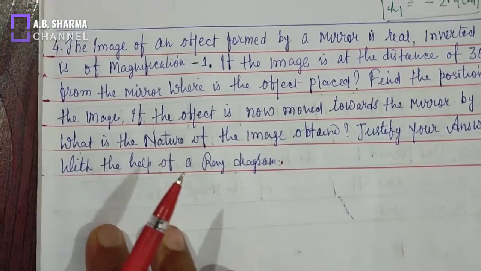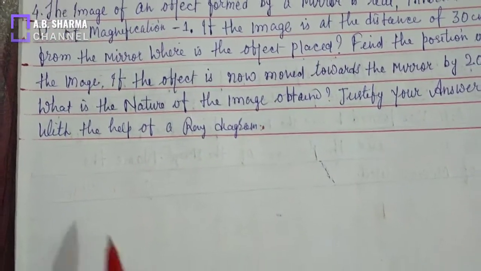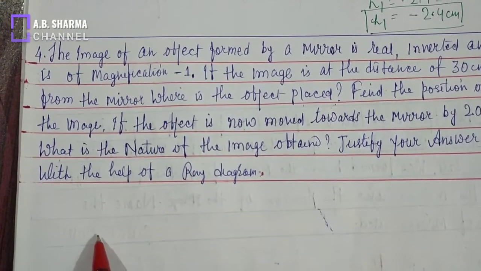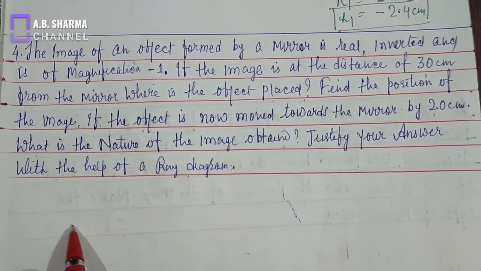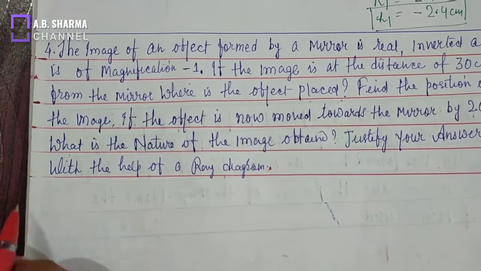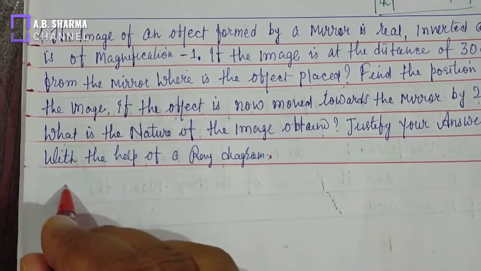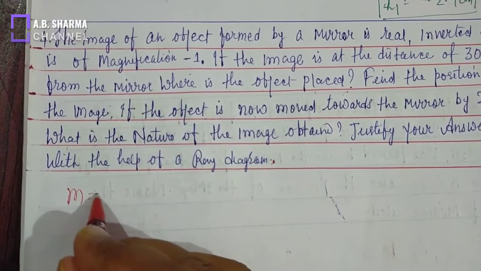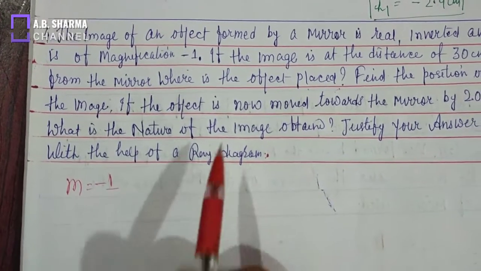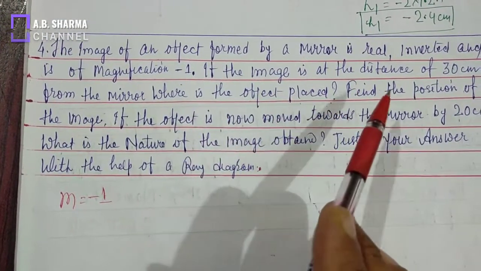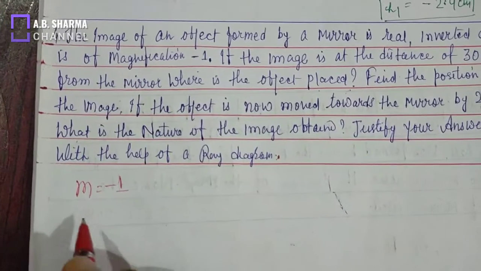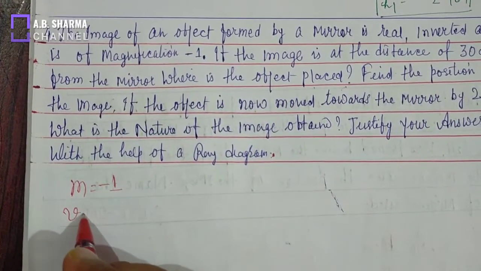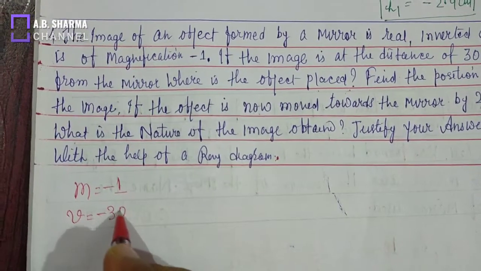First I will write the information given by the question. The image of an object formed by a mirror is real, inverted, and magnification is given, means m equals minus 1. If the image is at a distance of 30 cm from the mirror, or image distance is given, that is v equals minus 30 cm.